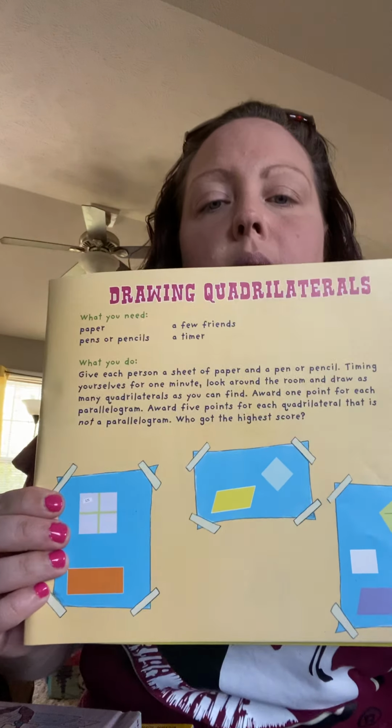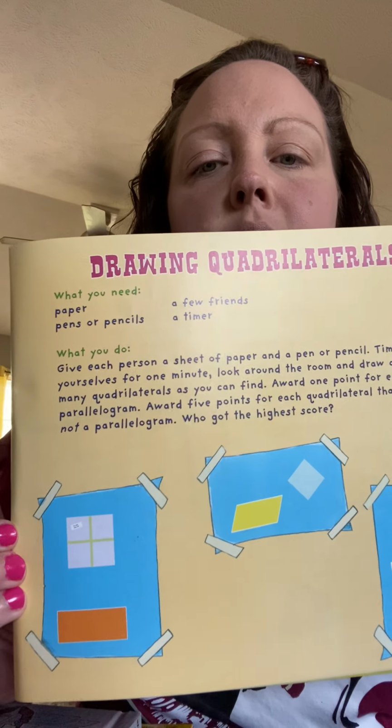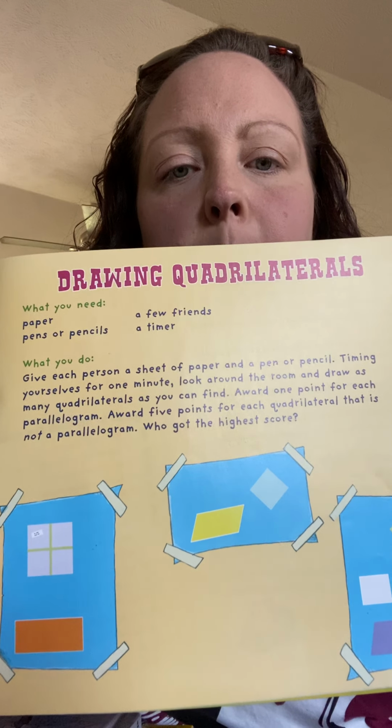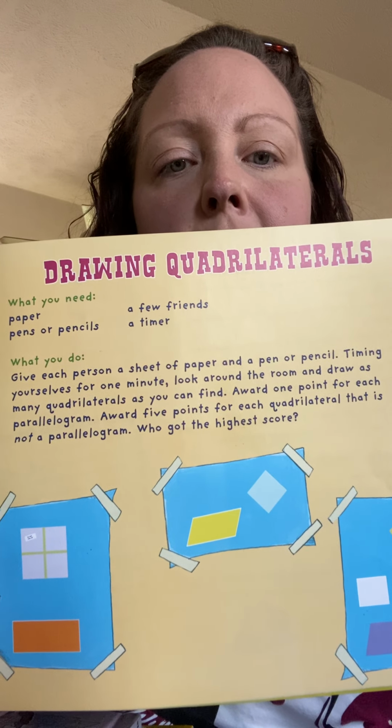And the last couple pages of this book give you some information about if you wanted to draw some quadrilaterals, supplies that you may need, and what you could do. So I'll kind of show it to you. It says, give each person a sheet of paper and a pen or a pencil.